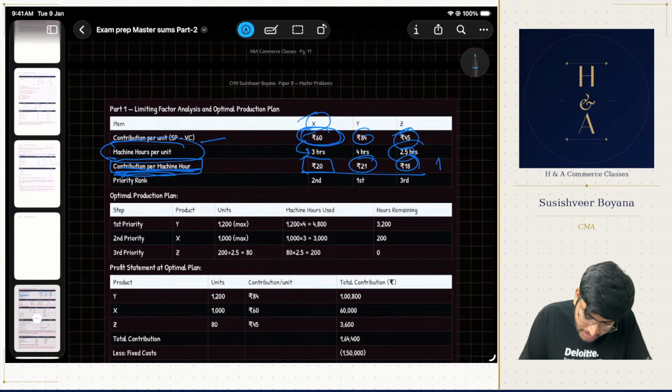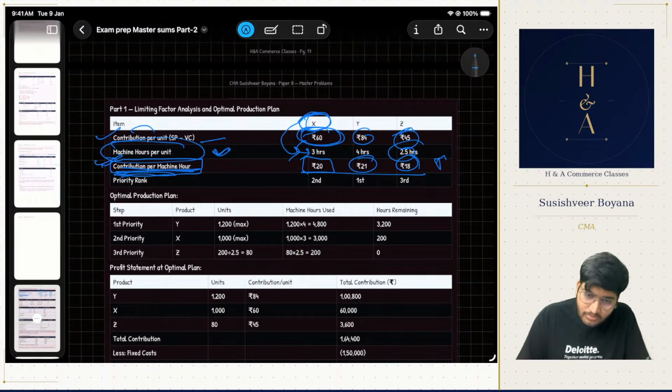Now, which is the highest contribution is what we should see. Kindly don't blindly go with contribution per unit. Limiting factor is the major concern. So see what is the applicable limiting factor that the product or business or department utilizes. Based on that, calculate contribution per limiting factor, and then you get the final values.